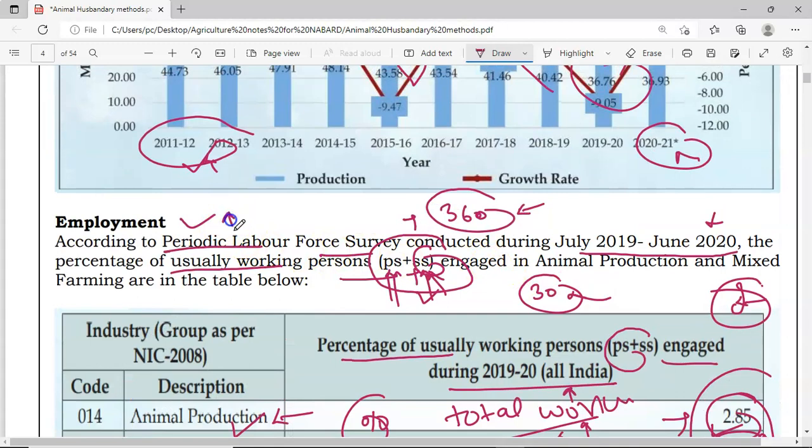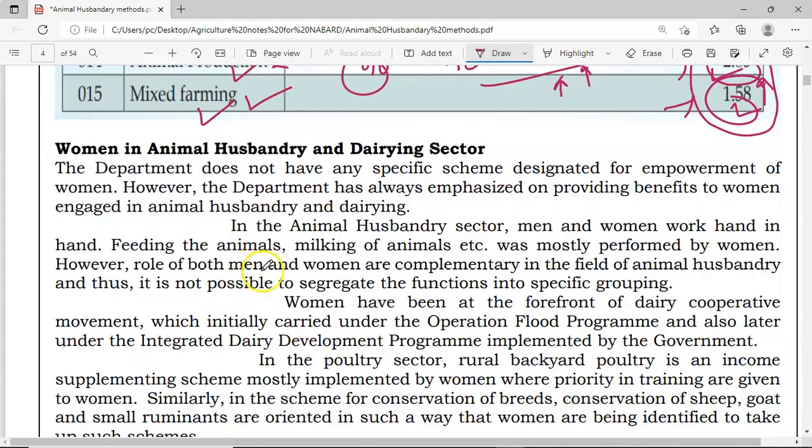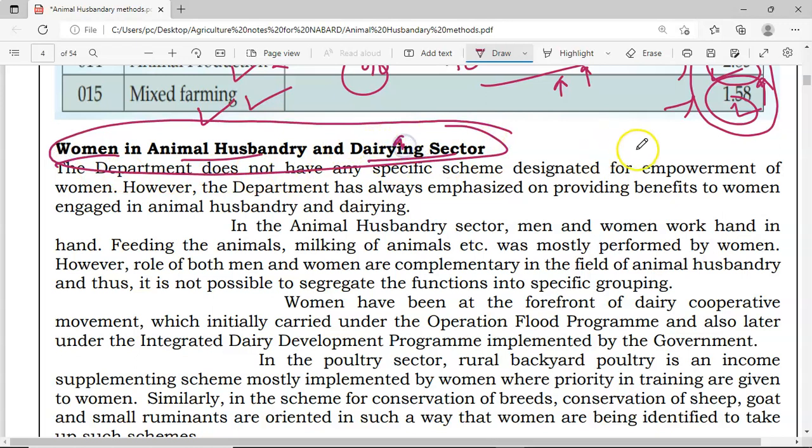workers in our country. Now, women and the animal husbandry and dairying sector, these three terms are very related. Why? Because when you visit any village, you will see that people are rearing and taking care of animals. They are keeping cow, goat, sheep and buffalo at their home.